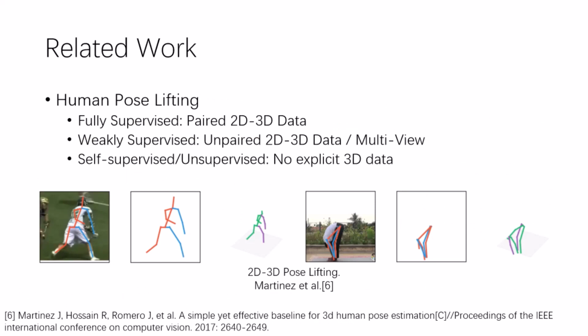Similar problems concerning human pose have been extensively studied, and this has inspired our work. According to different supervision, they can be classified into fully supervised, weakly supervised, and unsupervised.